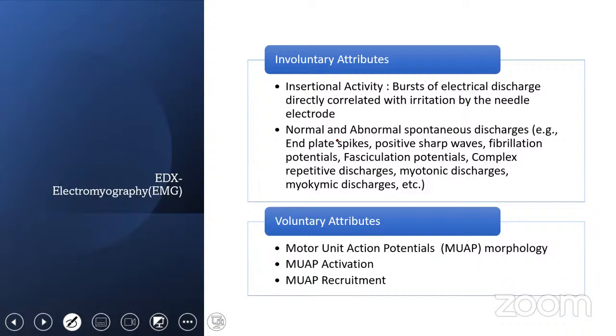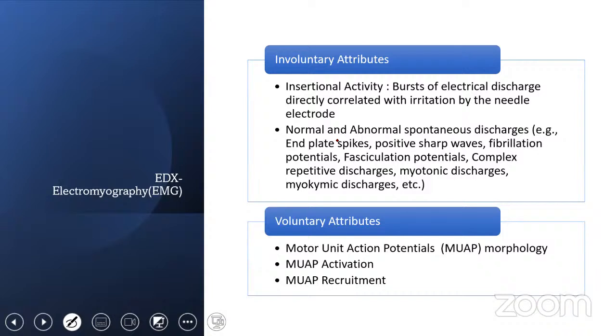You push it in 4 different directions. One push, see the insertional activity, change the direction and push in another direction and see the insertional activity. The third direction, and the insertional activity should subside immediately. If it is persisting, that is abnormal and seen in polymyositis and various myositis.